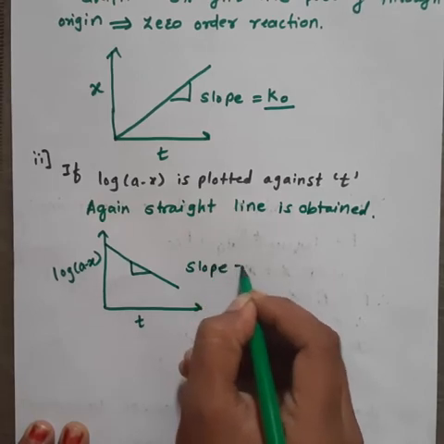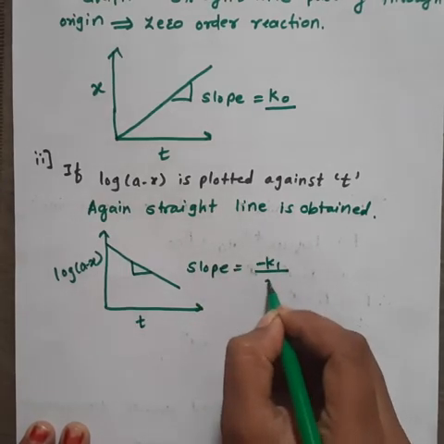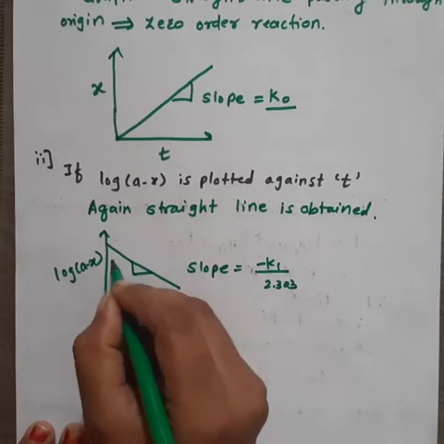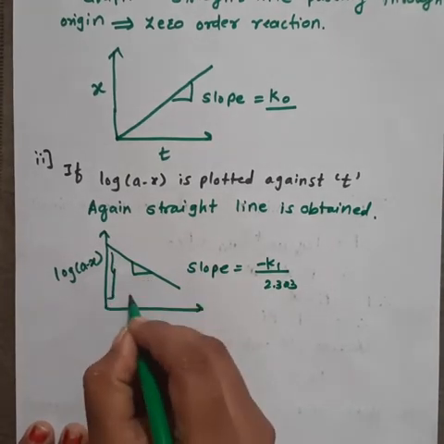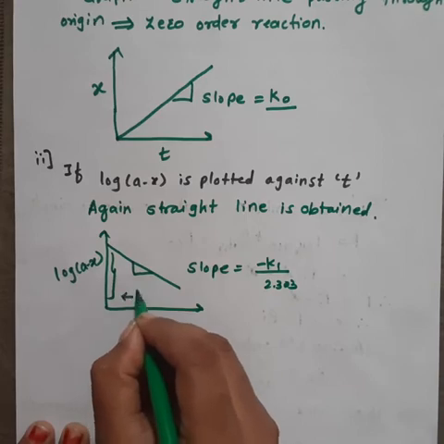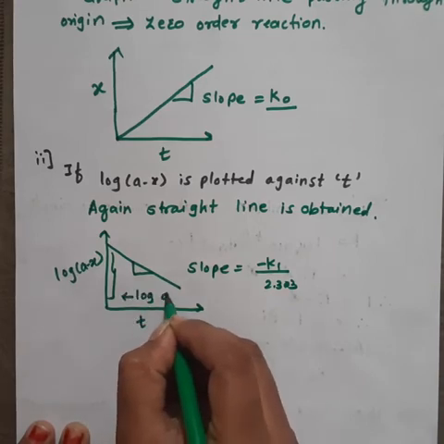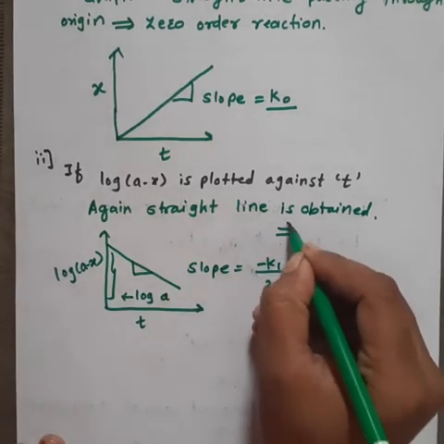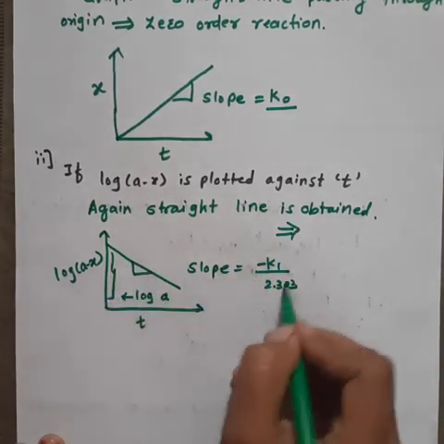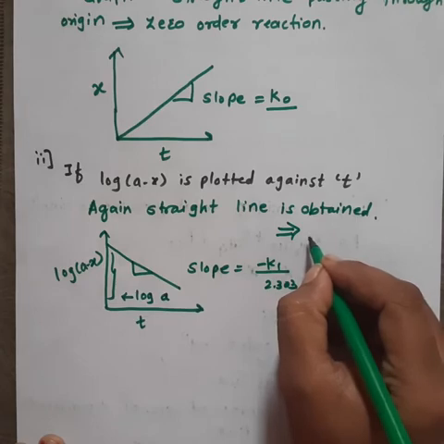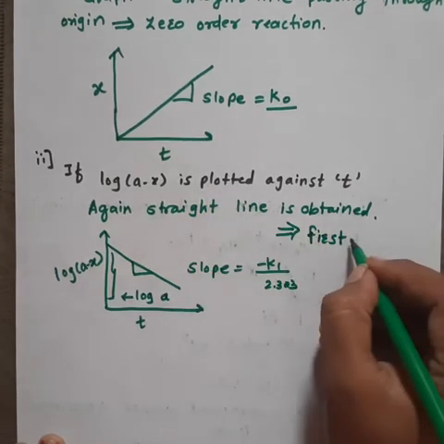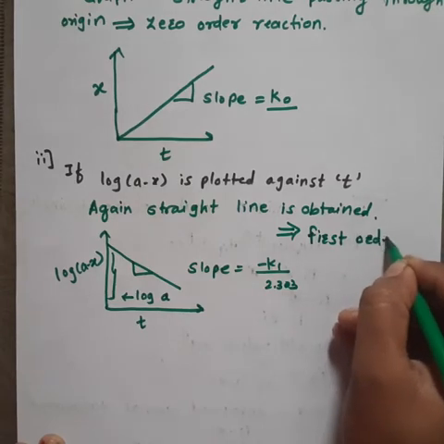Slope is equal to minus k1 upon 2.303, and the y-intercept is equal to log of a. So from this we can say that this is a straight line with negative slope, so this is the first order reaction. We have already studied these graphs.